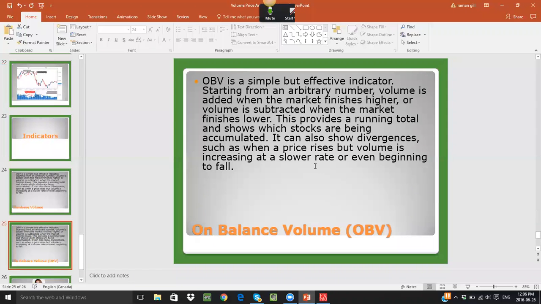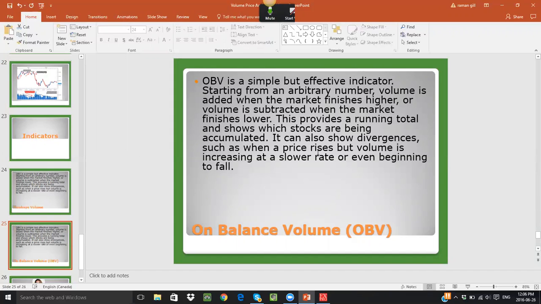On balance volume basically keeps a running total of the volume. As the price is moving, it keeps adding the volume or subtracting the volume from the previous bar. So let's say we started with a volume of 10 and next time more volume came into the market, it will add that, and then if the volume decreased, it will adjust for that as well.